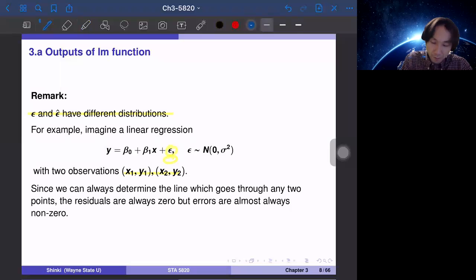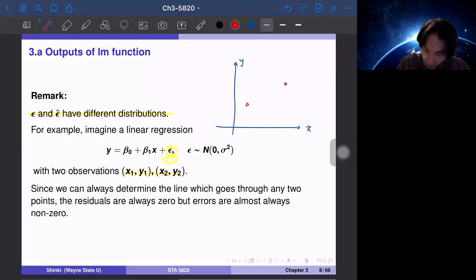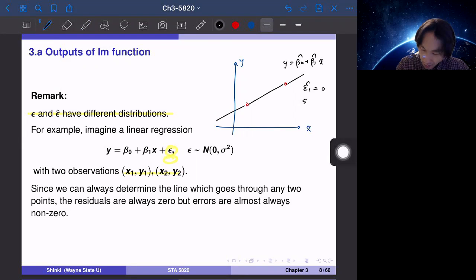But if you fit the regression, we have x here and y here, and we have two observations here and here randomly. So the fitted line is here, y equals beta naught hat plus beta 1 hat x. That means epsilon 1 hat is equal to 0 because this line goes through these two points.